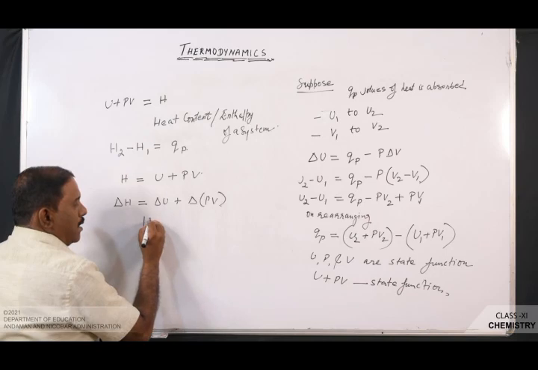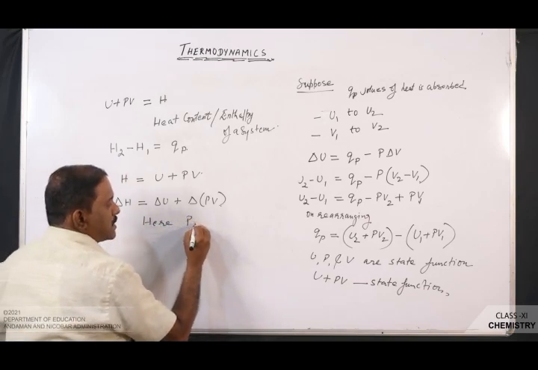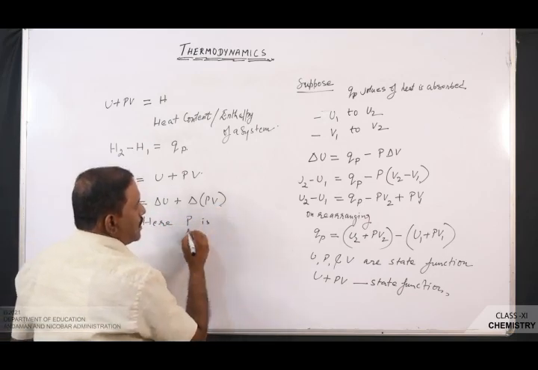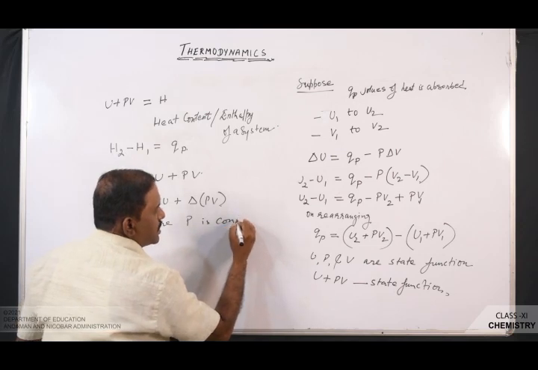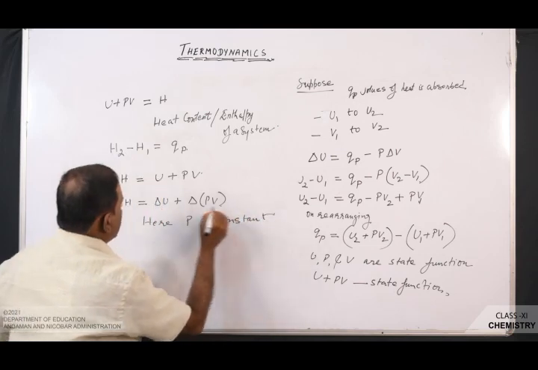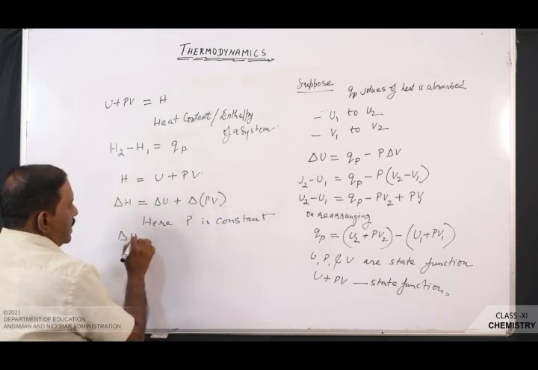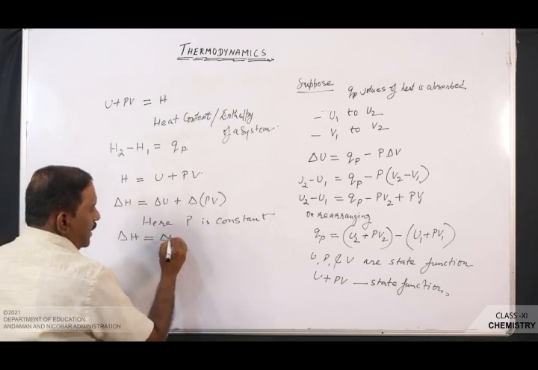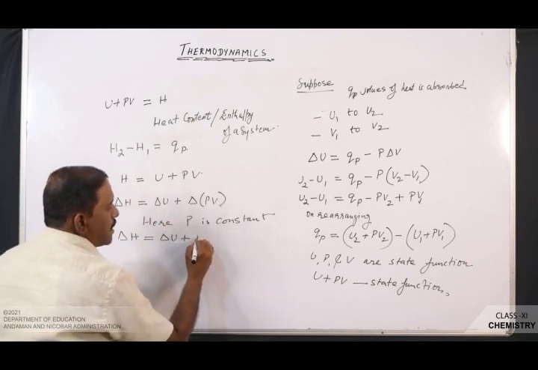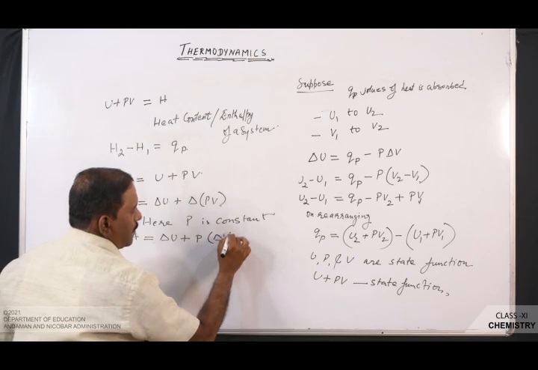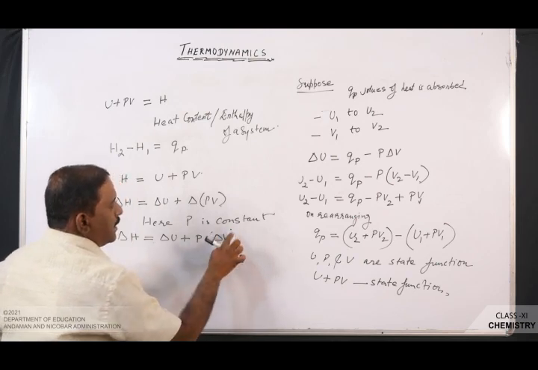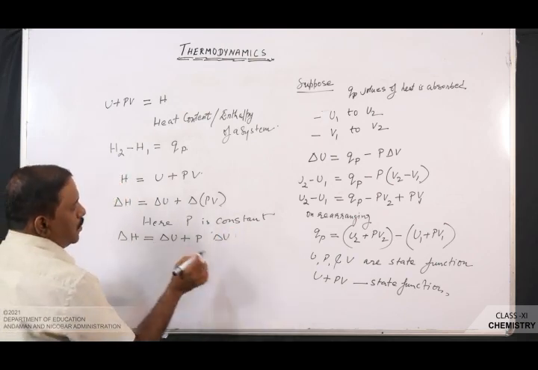Here P is constant, that is, pressure is constant. So delta H is equal to delta U plus P delta V.